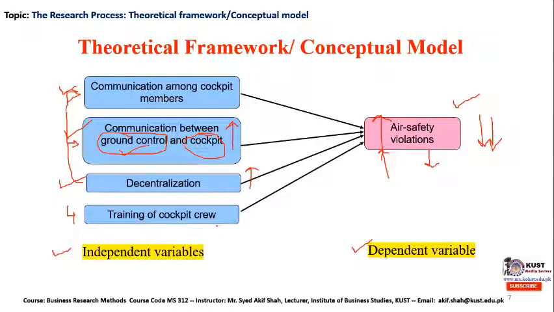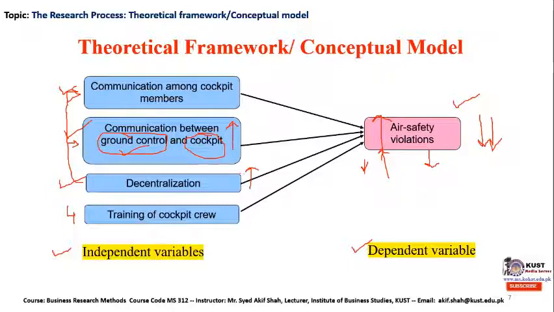In another way, we can say that if there are good training programs in the airline industry for the pilots to handle emergency situations, so when the pilots are equipped with the training to handle emergencies, it will lead towards fewer air safety violations, and therefore there will be minimum collisions amongst the airplanes.